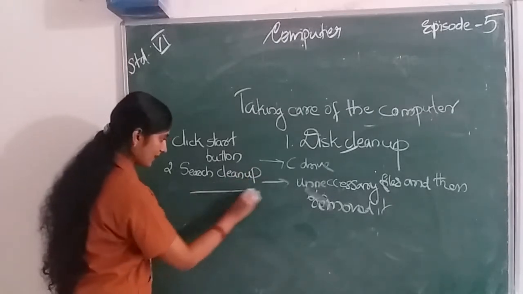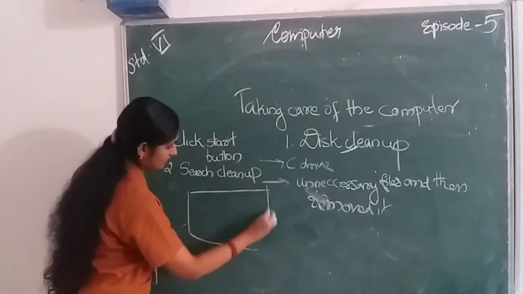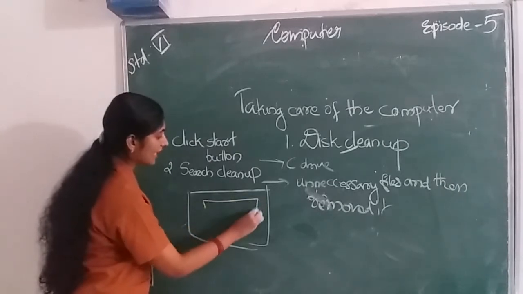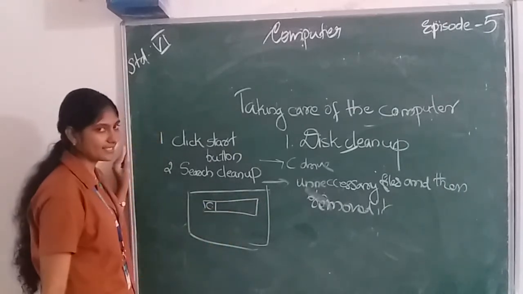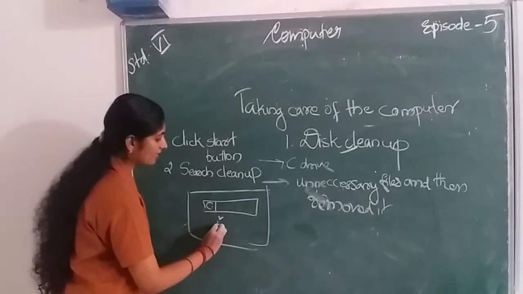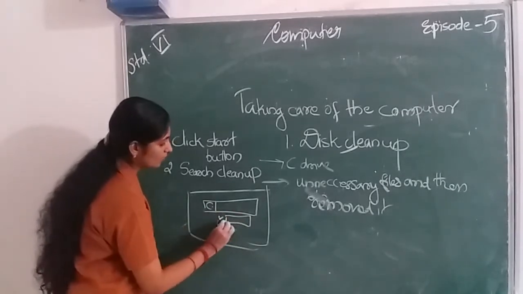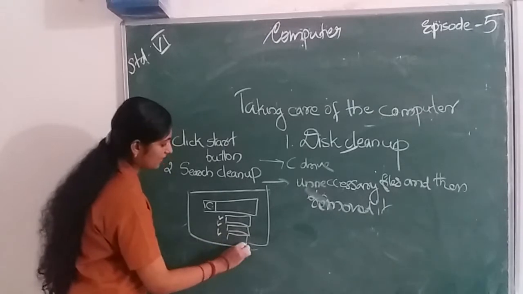Then a dialog box appears. Search for the drive you want to clean up. For example, just select the C drive and select the files you want to remove from here.